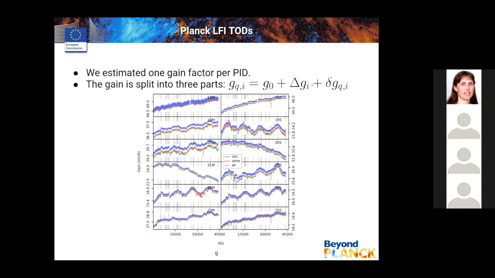And then one factor here that is independent of PIDs, but can vary from detector to detector. And then finally, a time-dependent part, which is allowed to vary both between PIDs and detectors. Using this methodology, we were able to recover gain solutions that looked pretty similar to previous initiatives.